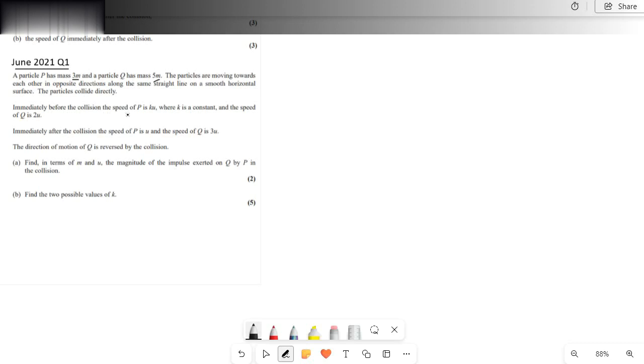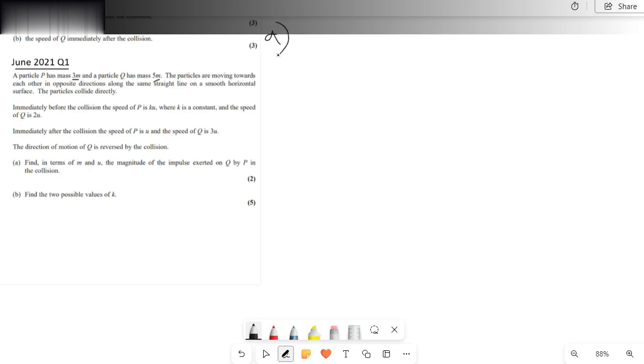Immediately before the collision, the speed of P is ku, where k is a constant, and the speed of Q is 2u. Immediately after the collision, the speed of P is u and the speed of Q is 3u. The direction of motion of Q is reversed by the collision. Find, in terms of m and u, the magnitude of the impulse exerted on Q by P in the collision.